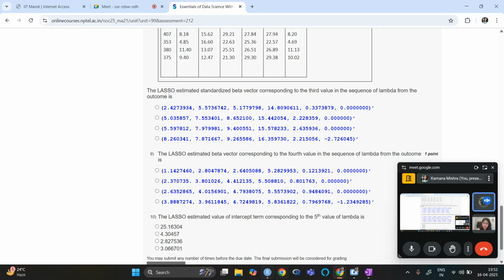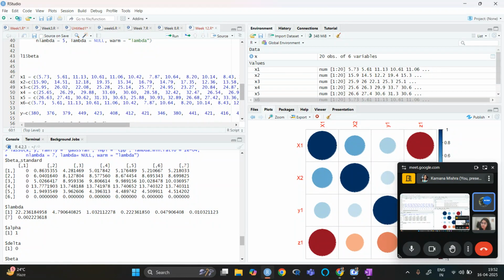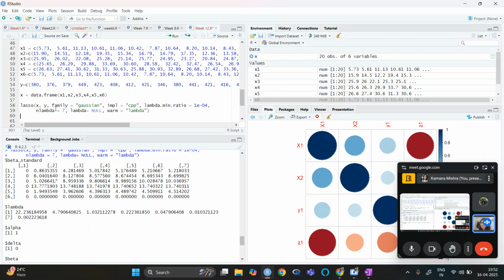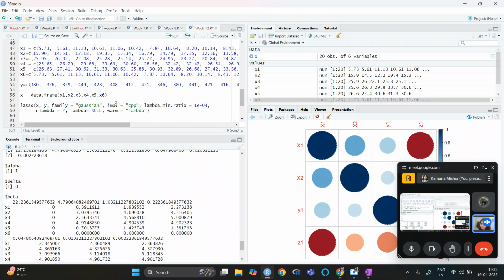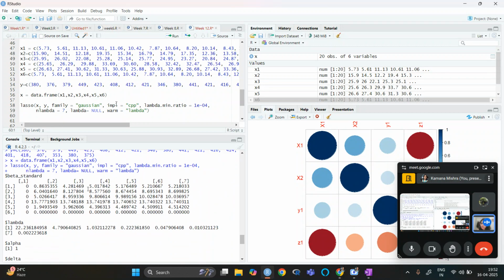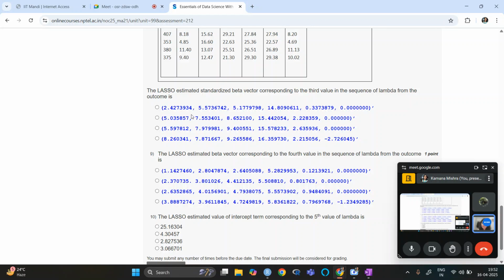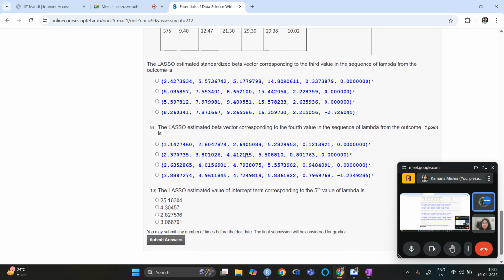5.03. I have just clicked it unnecessarily. I have taken all the same: the x, y, the family, and n lambda is 7. So beta standard third should be this 4.28, something like that. But they have 4 point something given here.